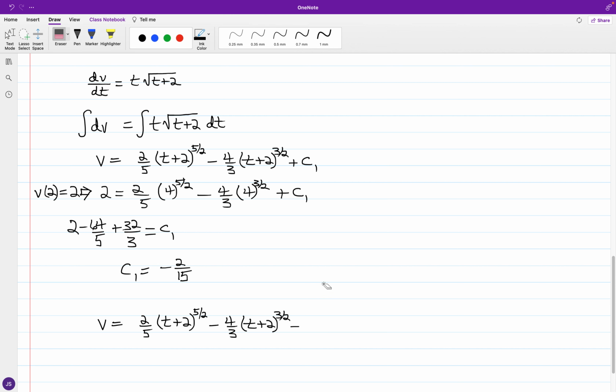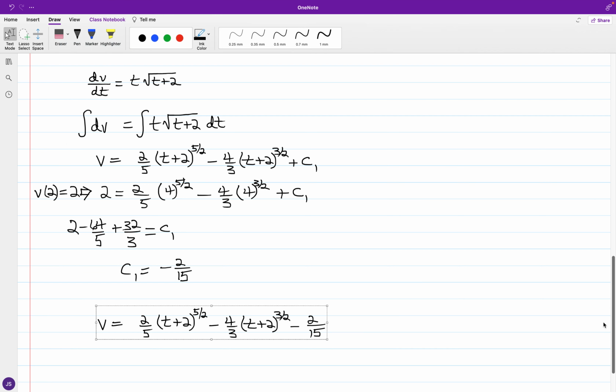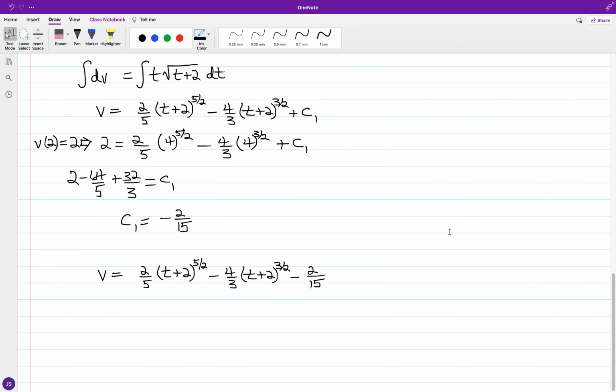And again, instead of just c sub 1, we have minus 2/15. This expression will be carried over in creating the pathway to determining the distance in terms of t.